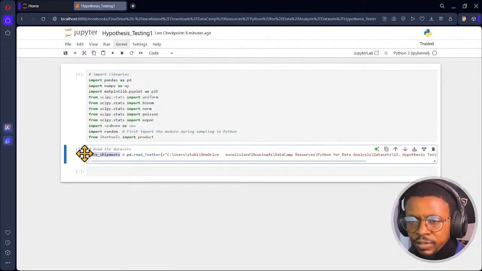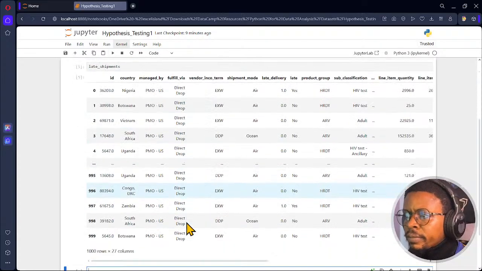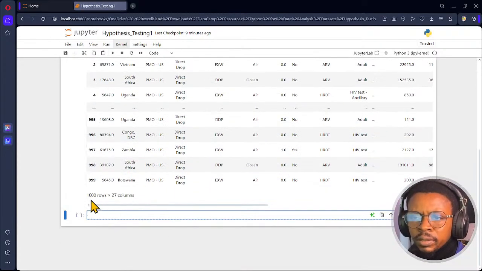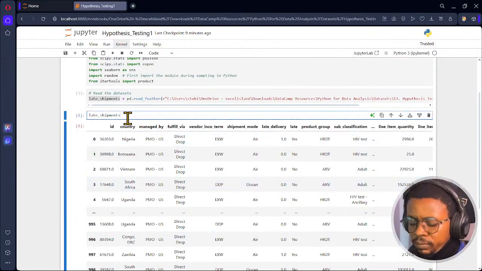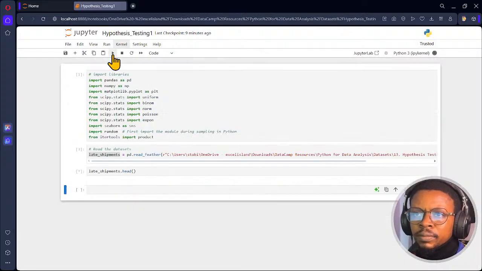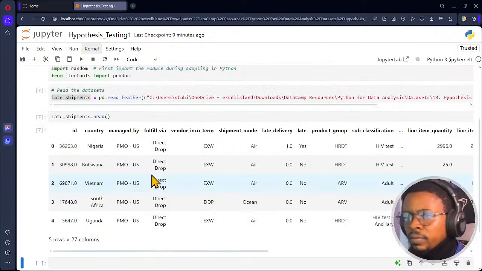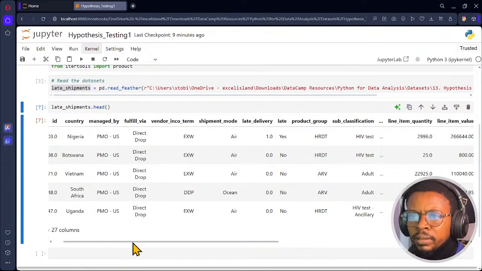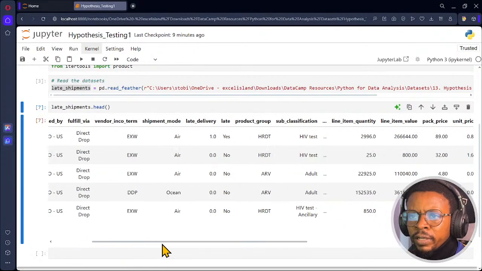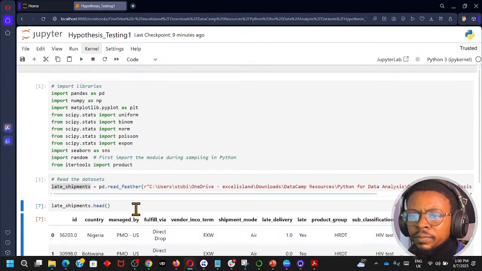Voila. We have just over 1,000 rows of data and 27 columns about shipments data. Let's do dot head to see just the first 5 rows. So this is what the data set looks like. We have the ID, the country, managed by, fulfilled via, vendor, and a whole bunch of other data points here.